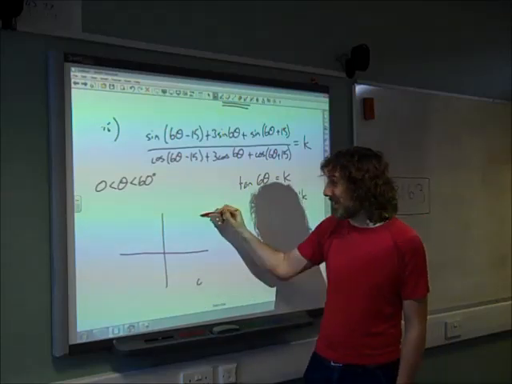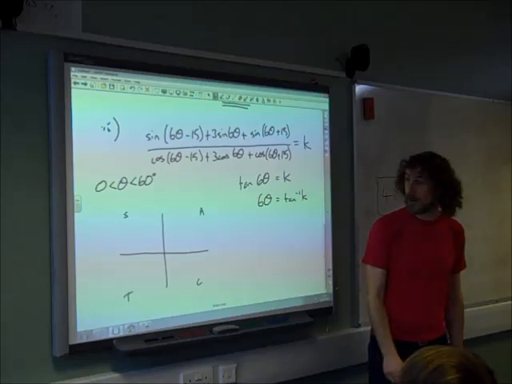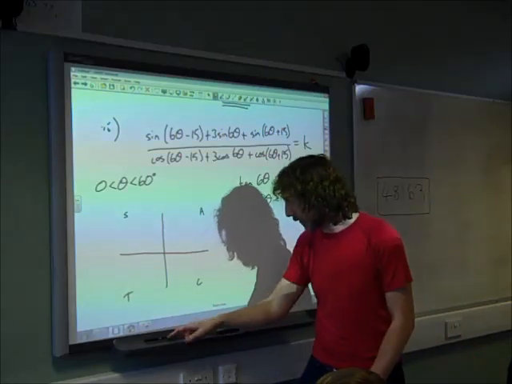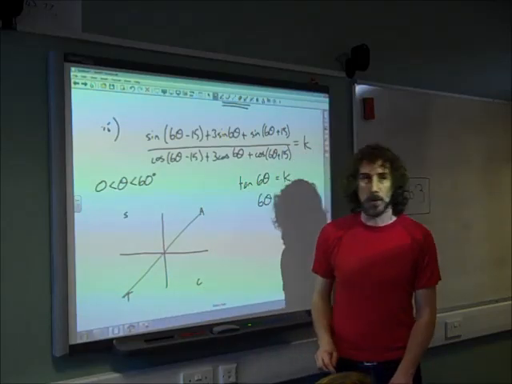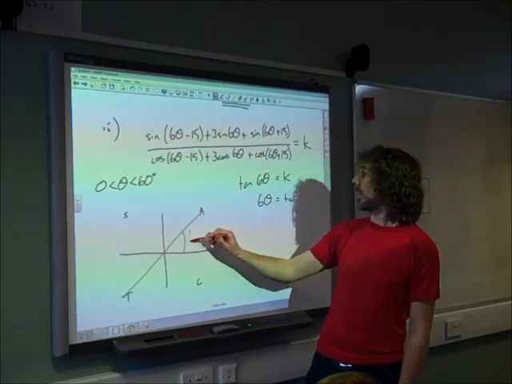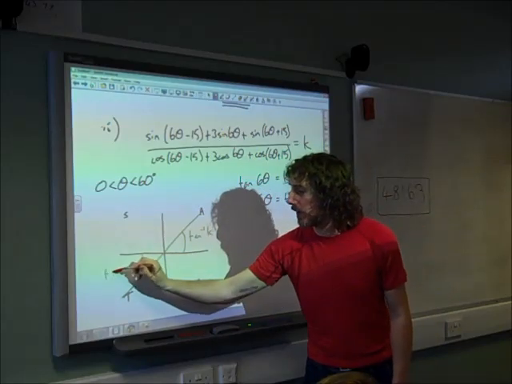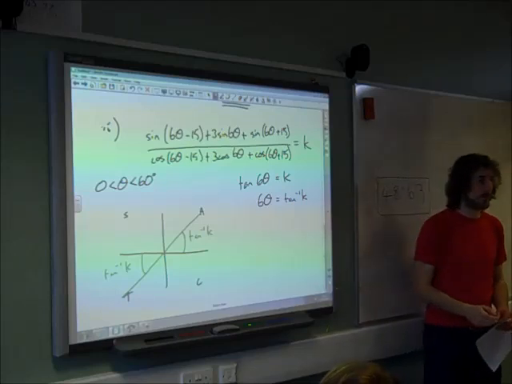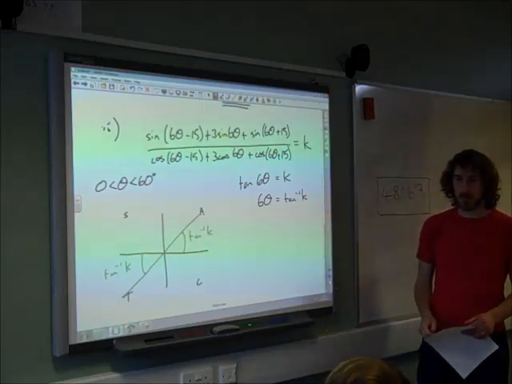So based on a cast diagram, if we'd done inverse tan of k, it would have given us two solutions. One of them there, and one of them in there, and that would be whatever our calculator said about inverse tan of k, and so would that angle there. That would be what our calculator said.